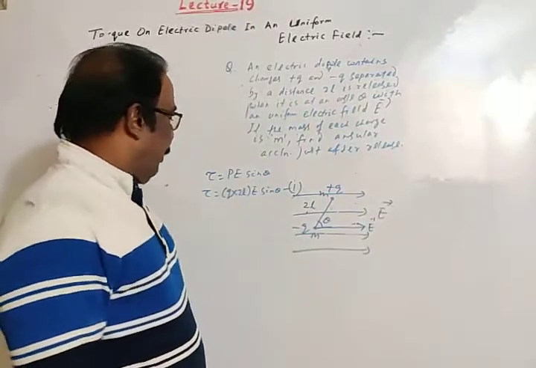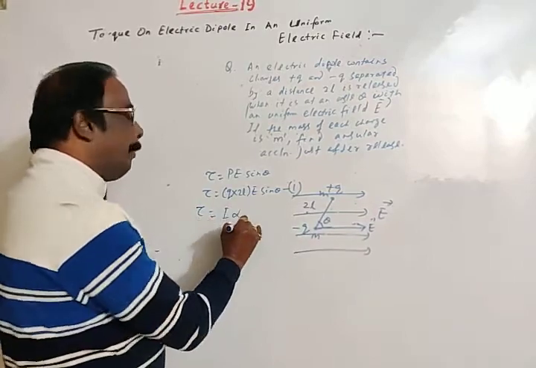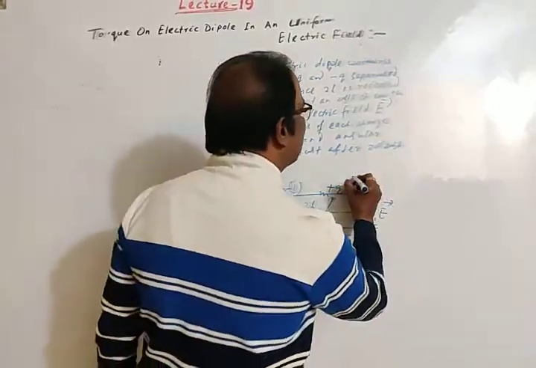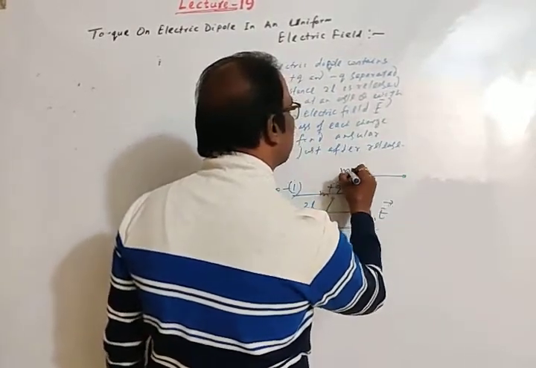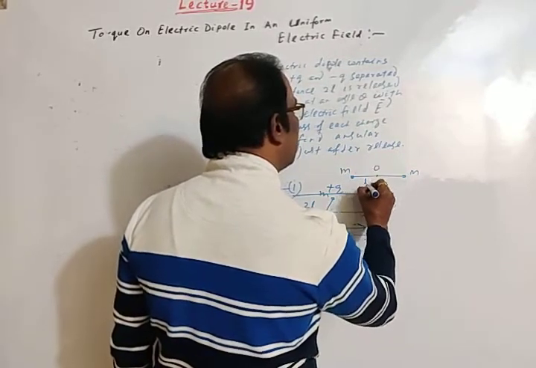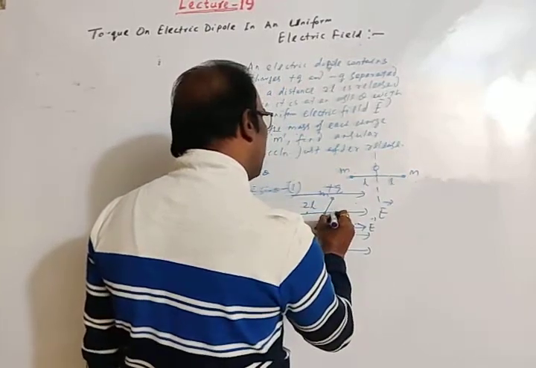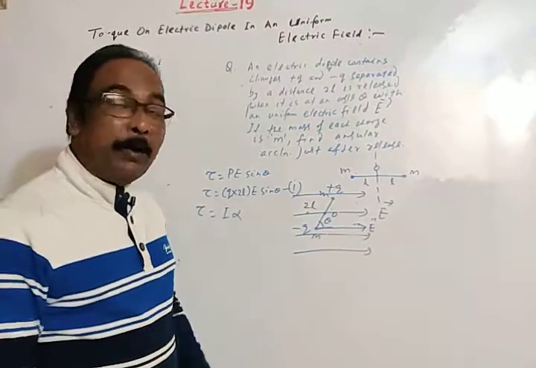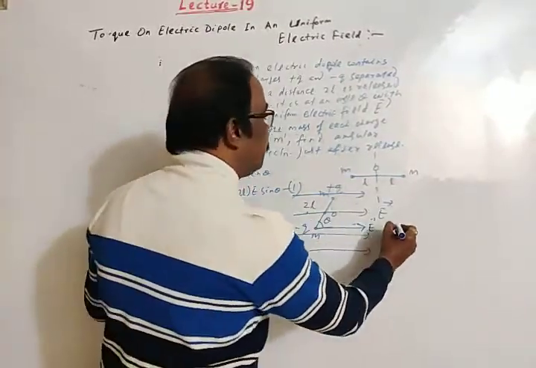Also, torque is I alpha, where I is the moment of inertia. See students, if this is a dipole, these are two charges, and the mass of each charge is m. This is the center of the dipole, this distance is L, and this distance is L. So this is the axis of the dipole, O. The dipole rotates about this axis.